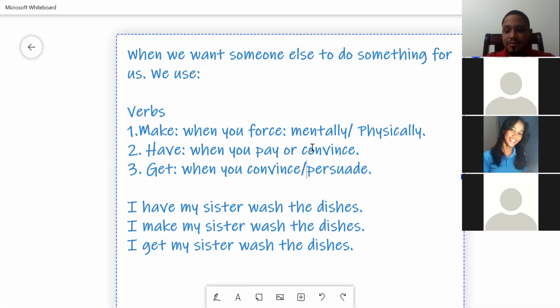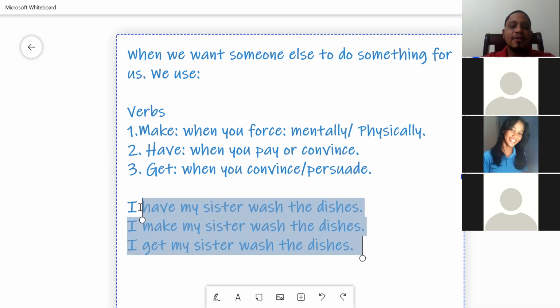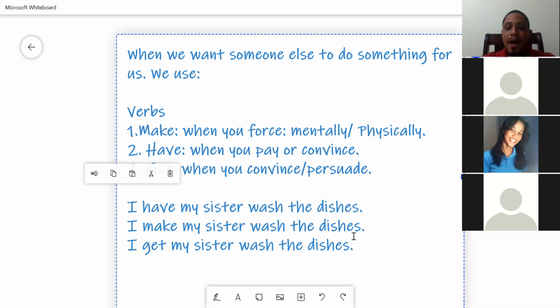Because it seems confused, the meanings. Right. Look, at the end, this means the same thing. I mean, the sister is going to wash the dishes anyways, but what the difference is, is the way that you're gonna get the person to do that action.